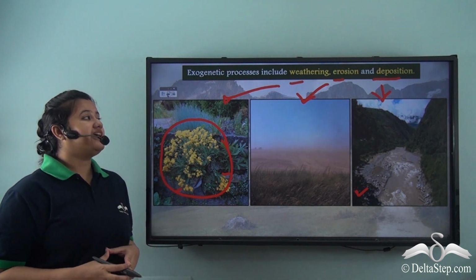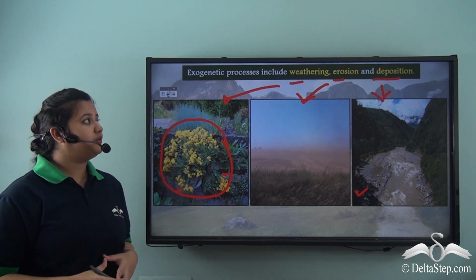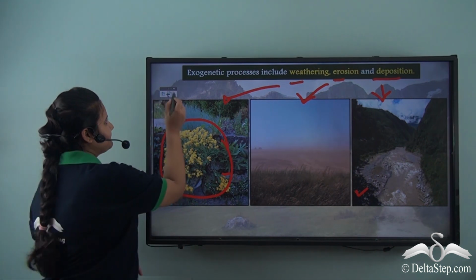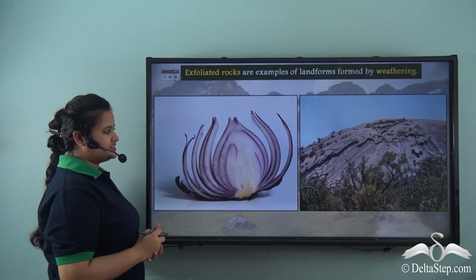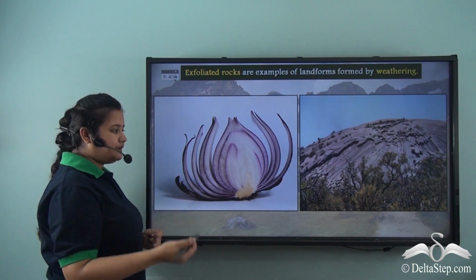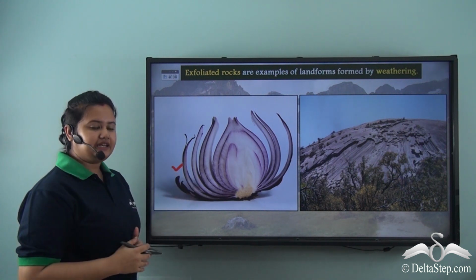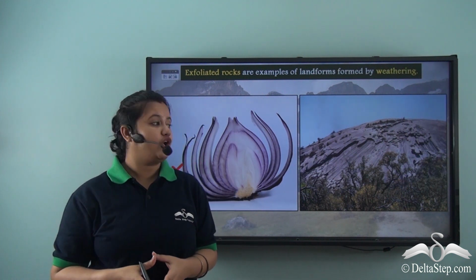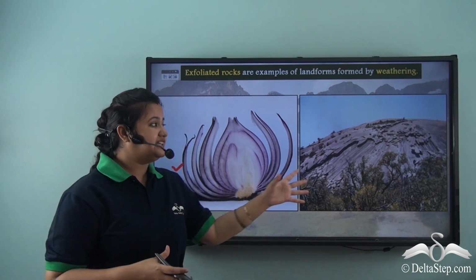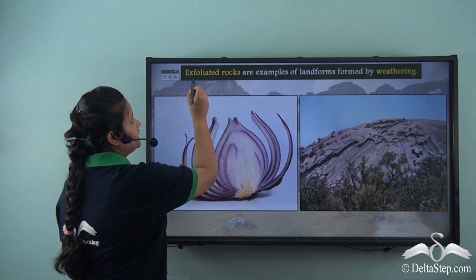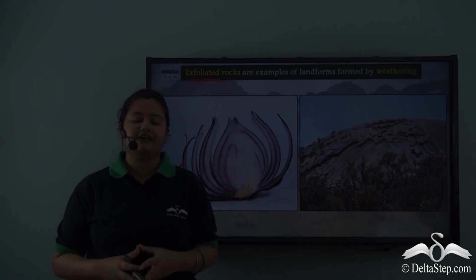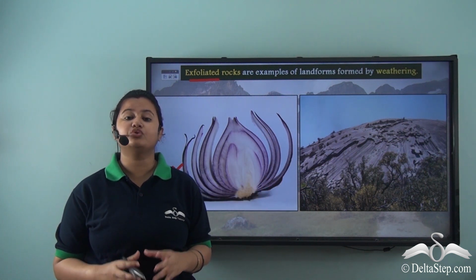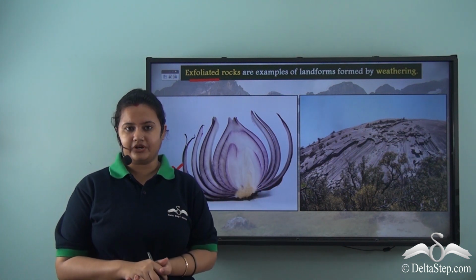Now we will see how landforms are formed by each of these processes in detail. So look at this picture. See, just as we can peel the petals of an onion, the surface of the rocks also gets peeled off or they scale off, and these rocks are called exfoliated rocks. The exfoliated rocks or these types of landforms are formed due to fluctuations in temperature.